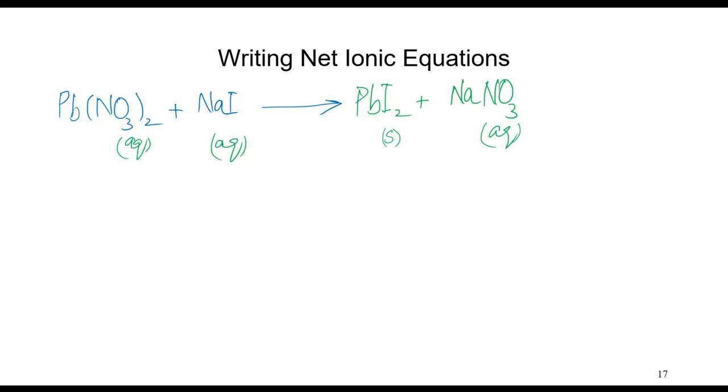Now, how will you balance this equation? You will start with PbI2. How many Pb here? 1. How many Pb here? 1. It means it is already balanced. How many iodine here? 2. And how many iodine here? 1. But we multiply by 2. Very good.